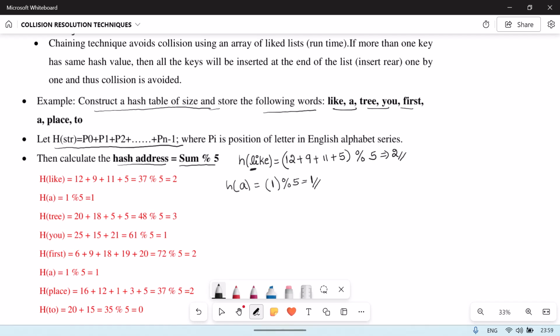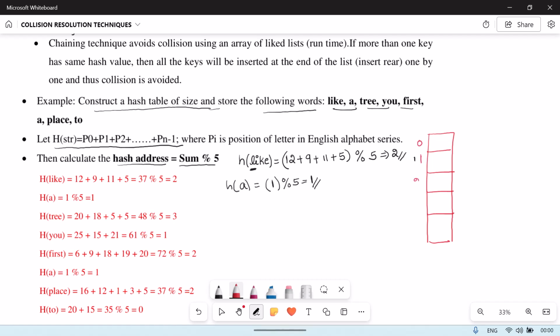Now you construct the hash table like this. Give the indexes 0, 1, 2, 3, and 4. The last one is not required. Okay, let me redraw. 0, 1, 2, 3, and 4.